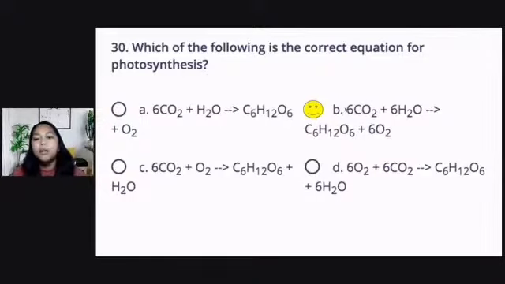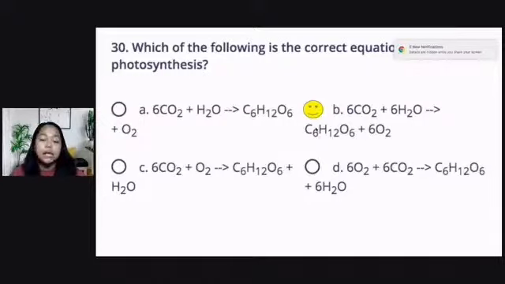Dapat kung anong number of carbon atoms mo in this side of your reaction, ganun din yung number of atoms mo sa product side. Okay, so if you are looking at your carbon, this is 6 times 1. There should be a subscript of 1. No? Pag walang subscript, that is understood to be just one atom. So 6 times 1, that would give you 6 for carbon. For your product side, you also have 1 times 6.